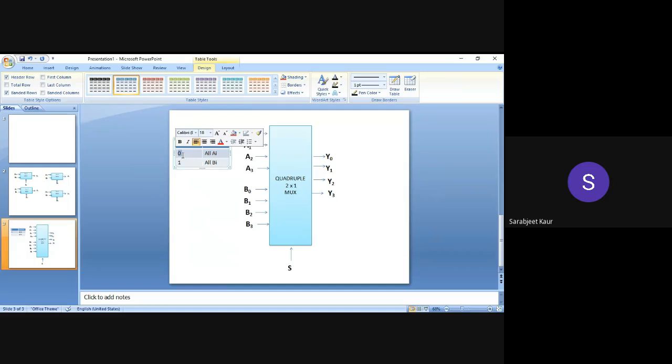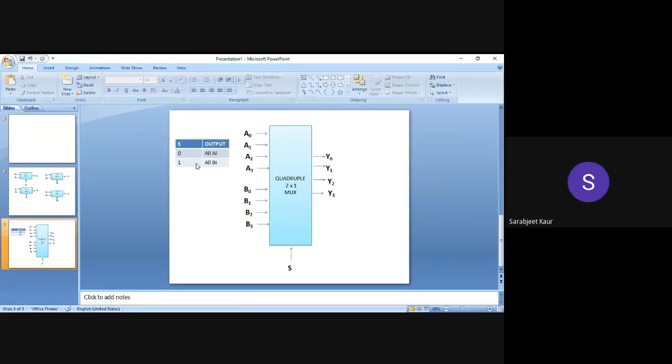Okay, and I get the first output of all these 4 muxes together. Is this clear? Any problem?